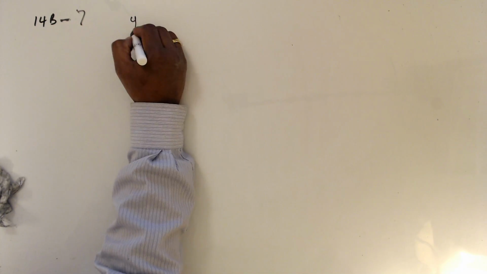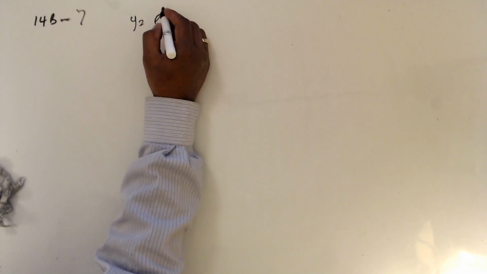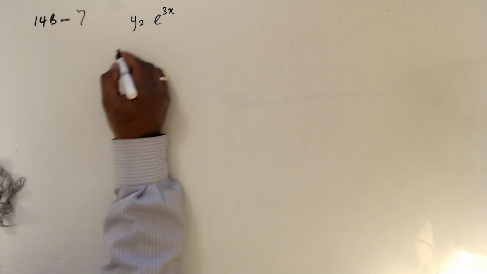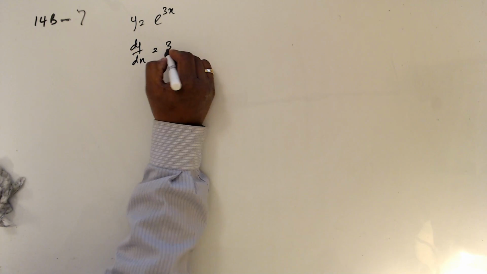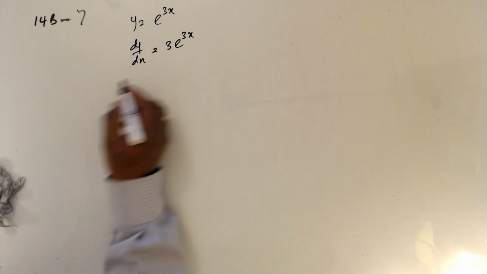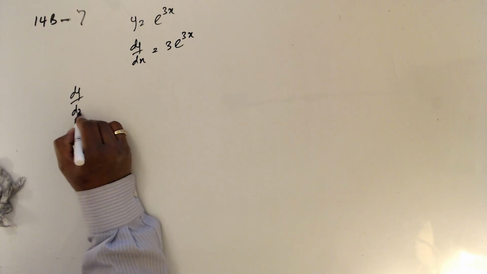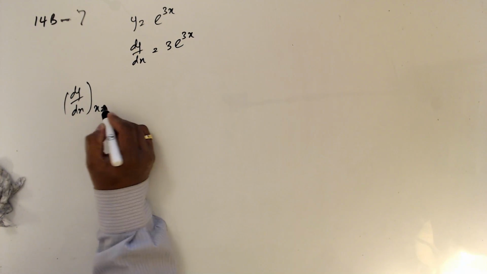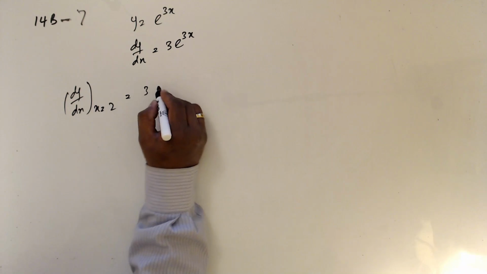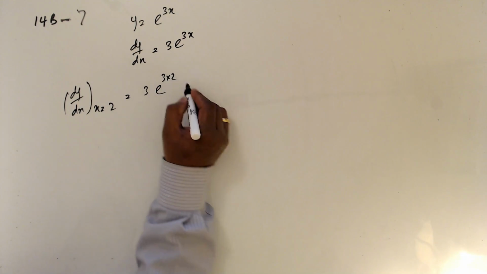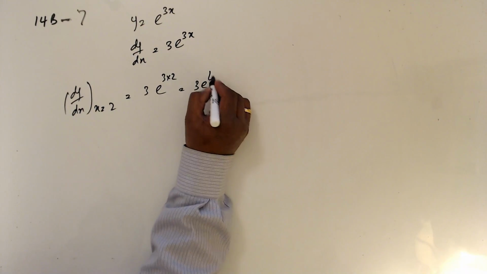Question number 7, this is y equals e^3x, then dy/dx equals 3e^3x. Then dy/dx when x equals 2 is 3e^(3 times 2), 3e^6.